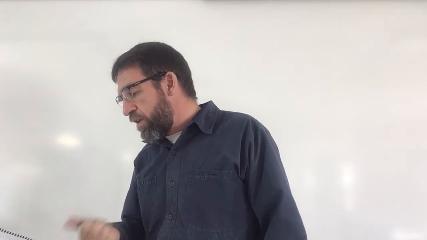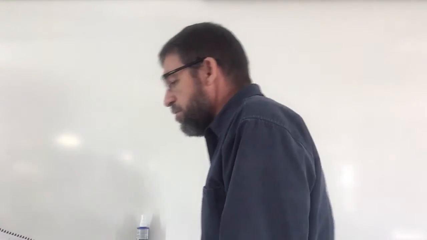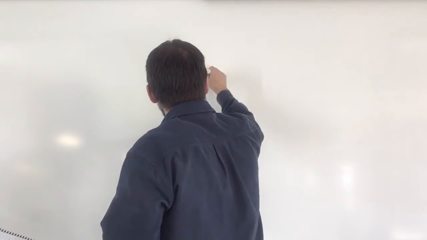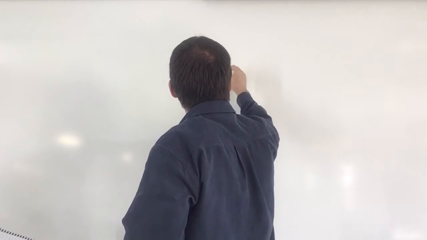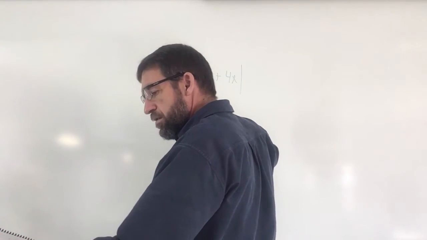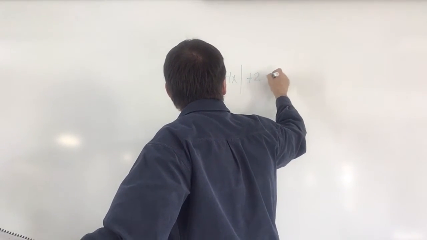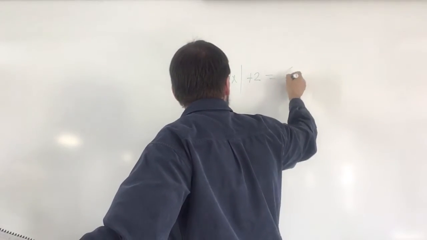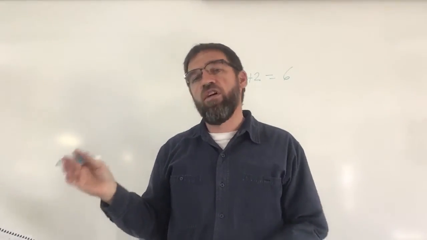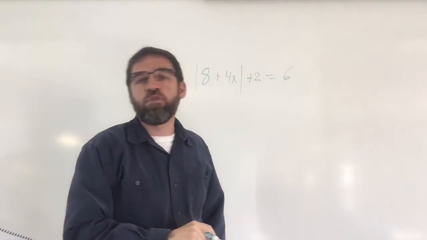I want to solve one. Why don't I go over and do number 9? 8 plus 4x plus 2. 8 plus 4x, that's in the brackets. 8 plus 4x plus 2 equals 6. Okay, now we're going to have to do the first step. Simplify inside and outside the absolute value sign.